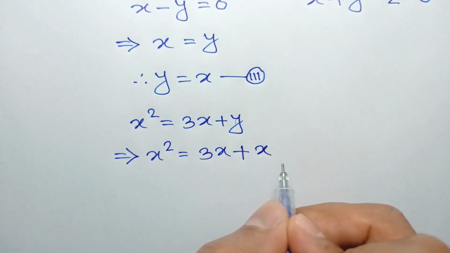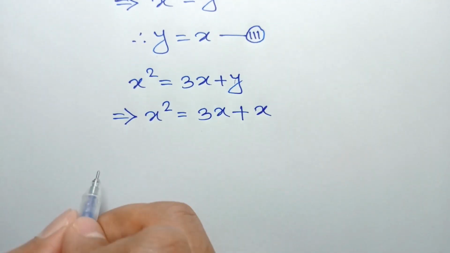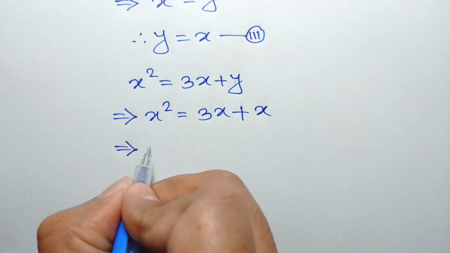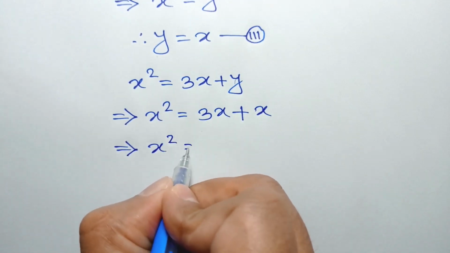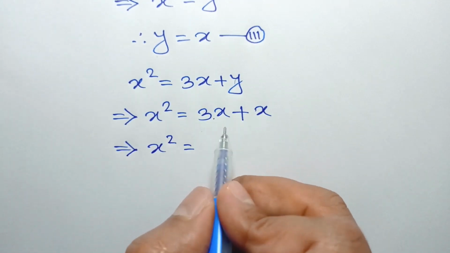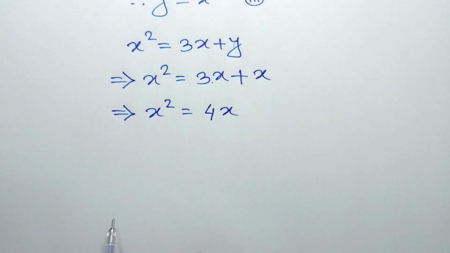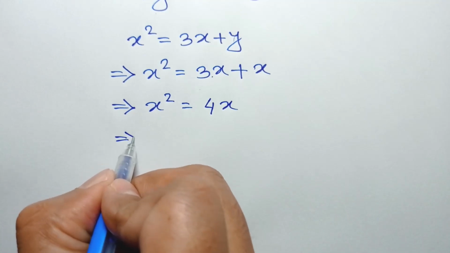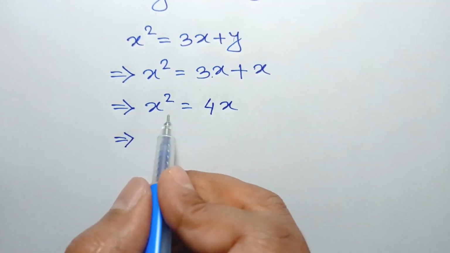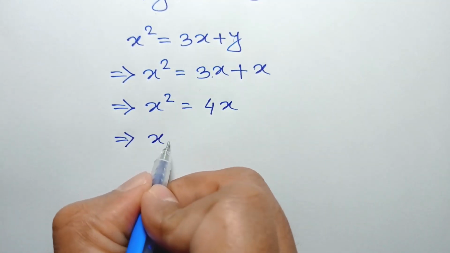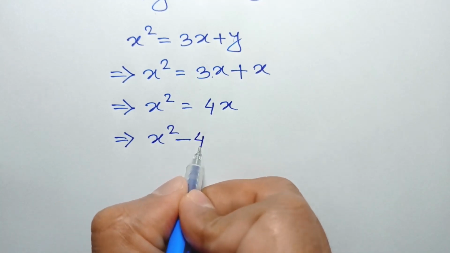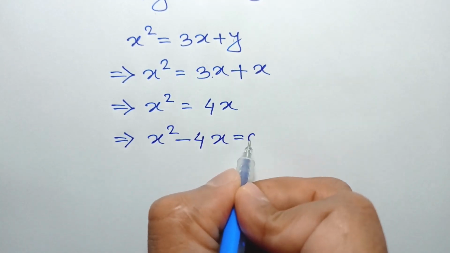So x square is equal to 3x plus x, which is 4x, or taking 4x to the left side, we can write x square minus 4x is equal to 0.